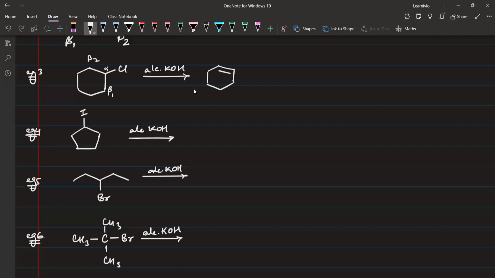All of these are not symmetrical, but all the beta carbons in these cases will be same.